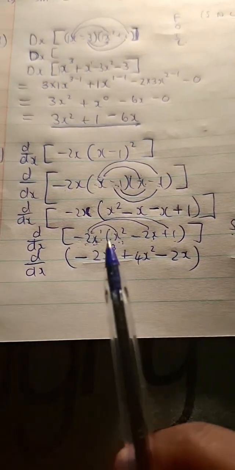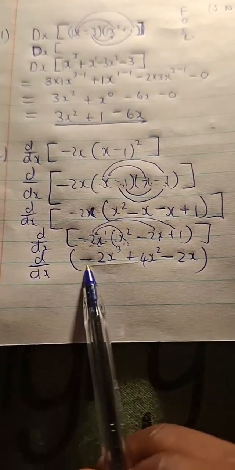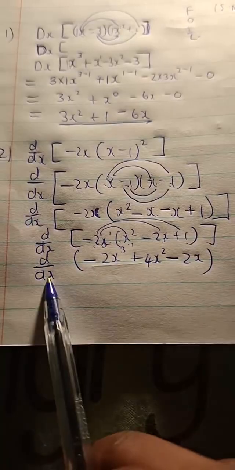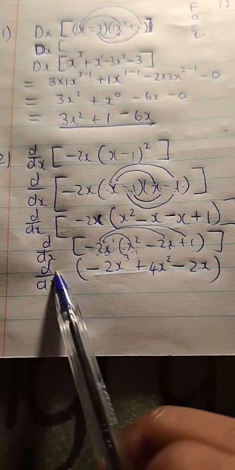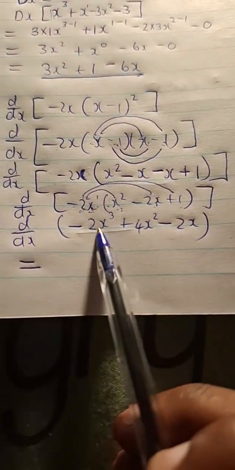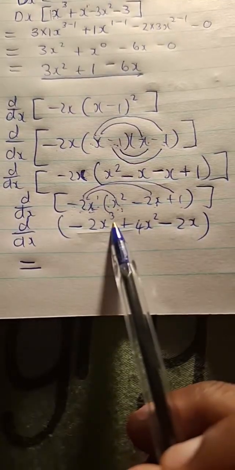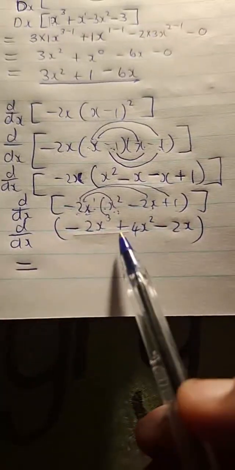Now we are ready to do what? To derive. What happens when we are ready to derive? Since this d over dx has been attached to the expression inside the bracket, when we are ready to derive, the d over dx does what? It disappears. It pulls a disappearing act. Then we derive each individual term using the power rule.